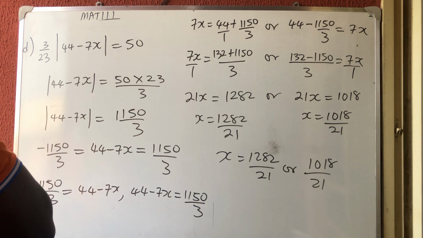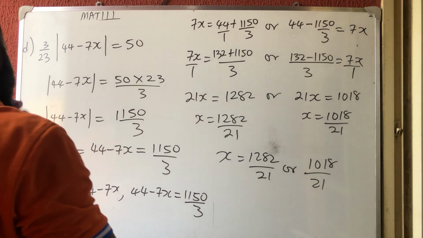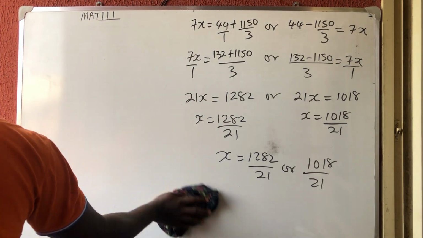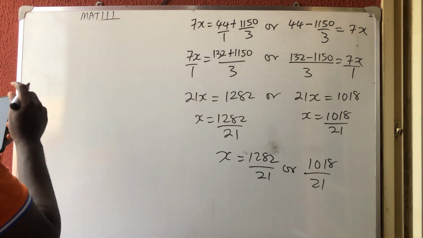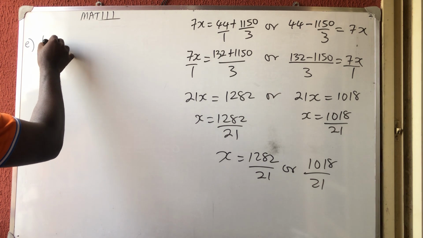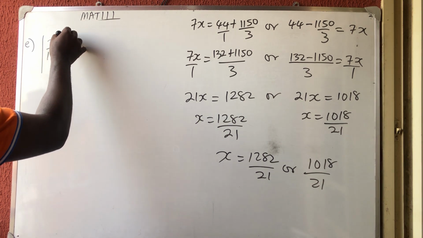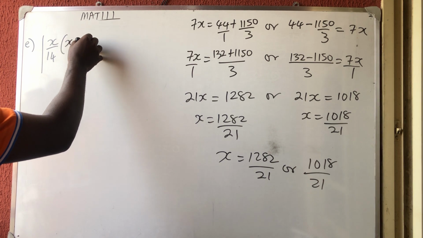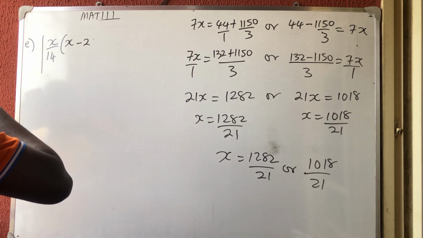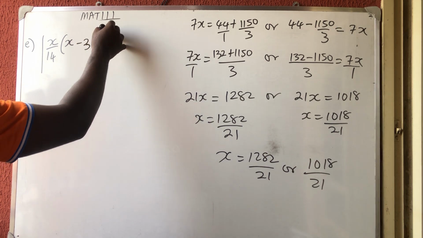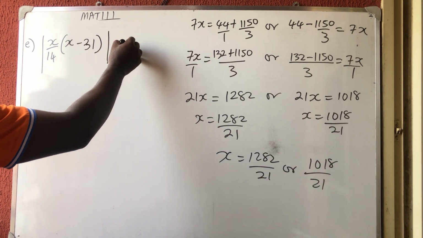So for the next one, for E, it says the absolute value of x over 14 in bracket of x minus 31, the absolute value is equal to 16.